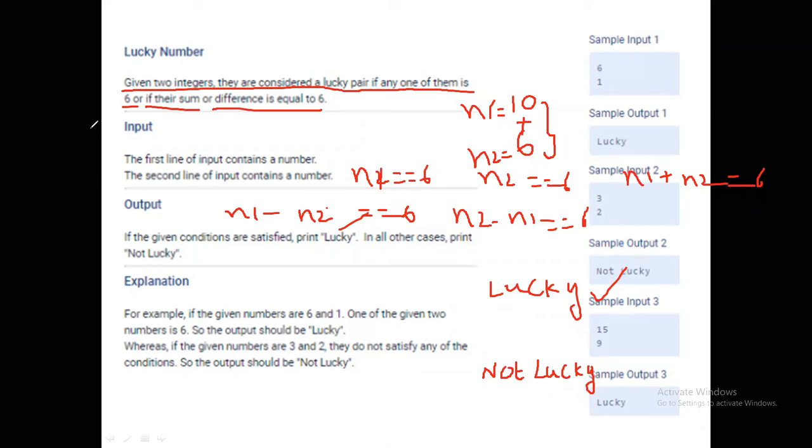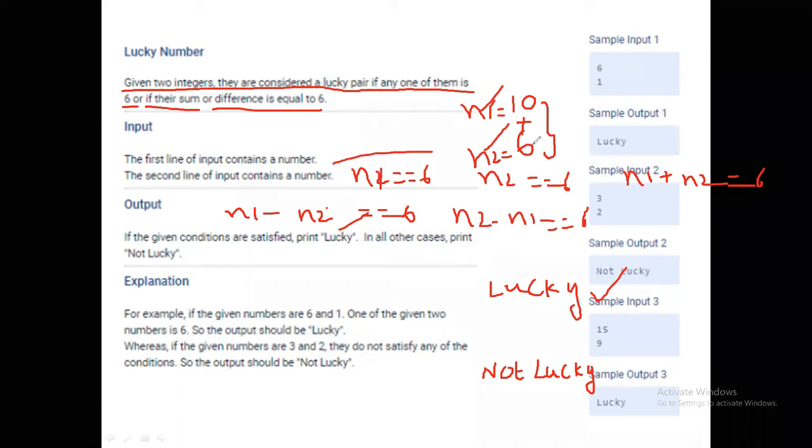Okay, so here we are going to consider 5 statements. Say a equals 6, or b equals 6, or a plus b equals 6, a minus b equals 6, and b minus a also. Here I am taking the variable names as n1, n2.